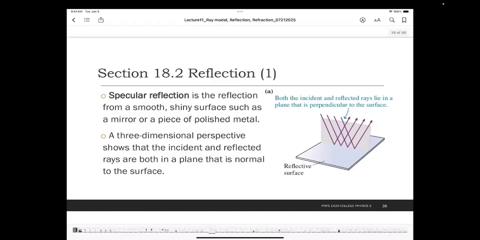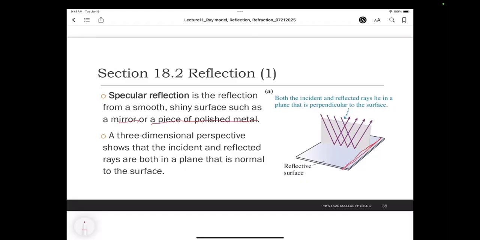Specular reflection is a reflection from a smooth shining surface such as a mirror or a piece of polished metal. You can see here is a reflective surface. It is very smooth and shining, such as a mirror or a piece of polished metal.